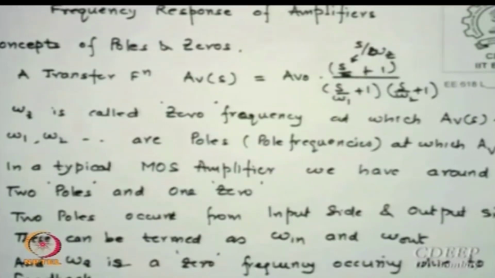So a typical MOS amplifier, it is not necessarily 2 only, but normal amplifiers will have 2 poles, sometimes 3 poles, and if you have a diff amp plus driver plus buffer plus output amplifiers, it may have more than 3 poles as well, and more than 1 zero also.